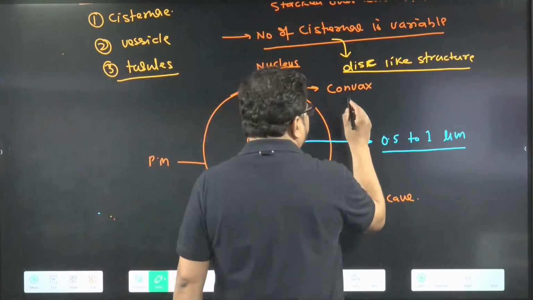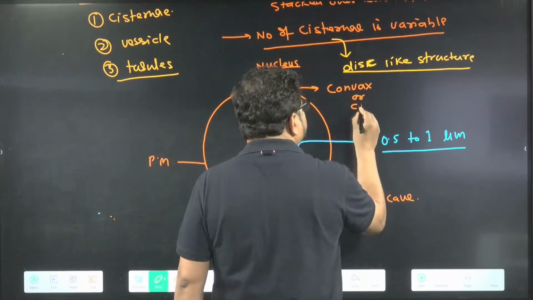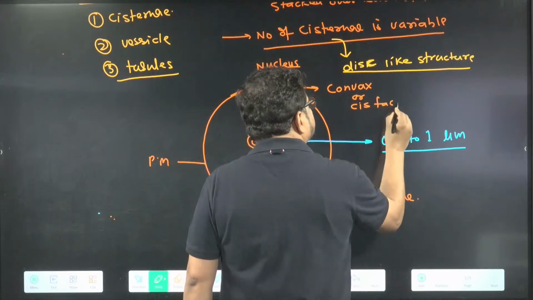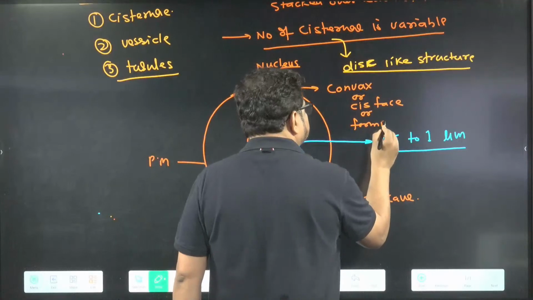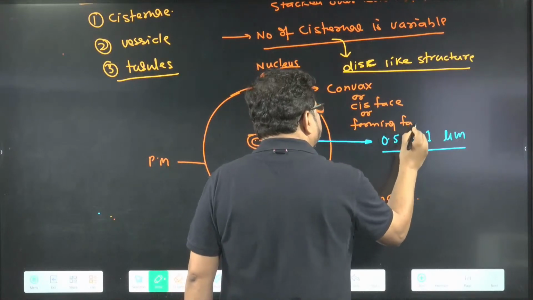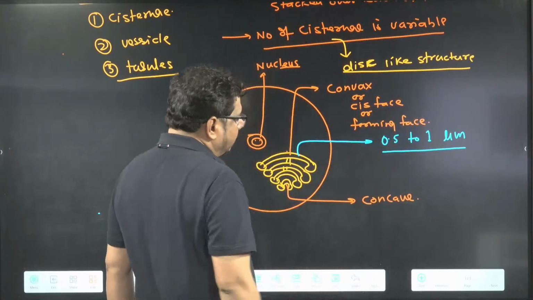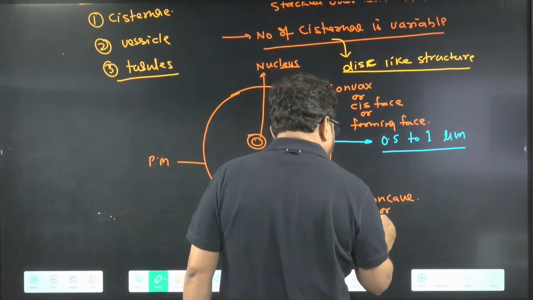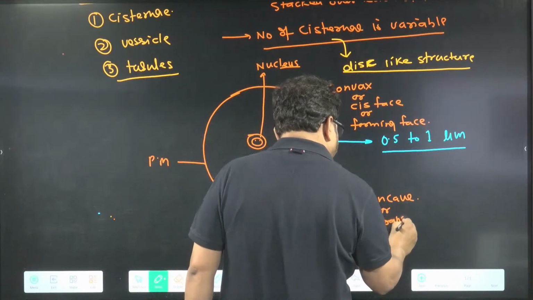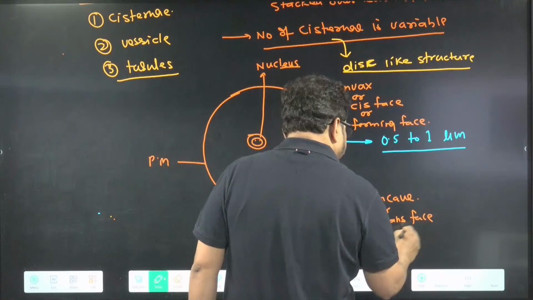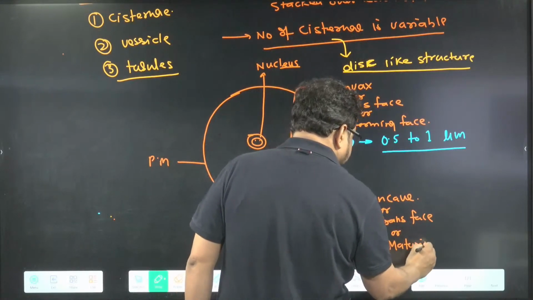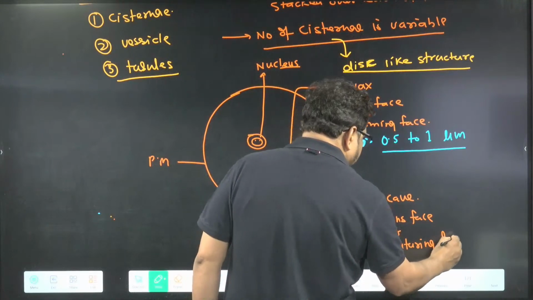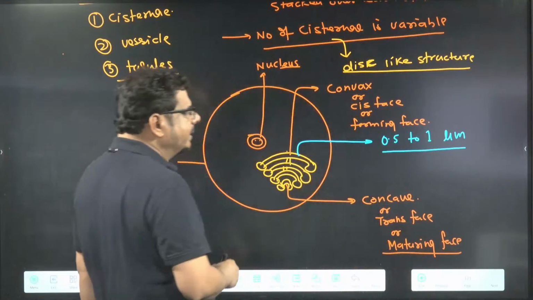This convex area is also called cis face, or forming face. Got the idea? And the concave area is also called trans face, or maturing face. Are you getting the idea?